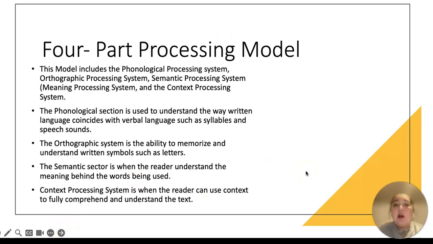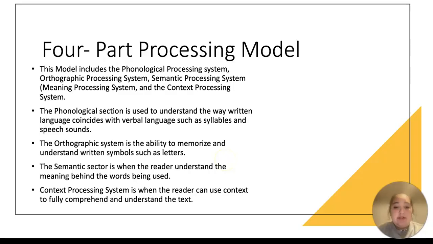Next up is the four-part processing model. This model includes the phonological processing system, orthographic processing system, semantic processing system, and context processing system. The phonological section is used to understand the way something is written in language, with verbal language such as syllables and speech sounds.